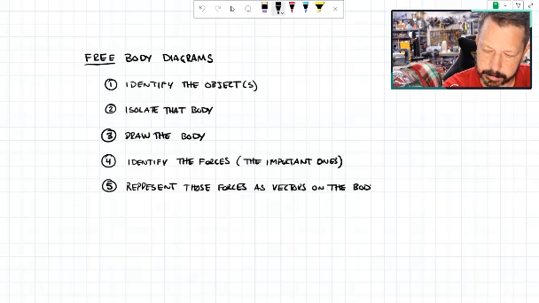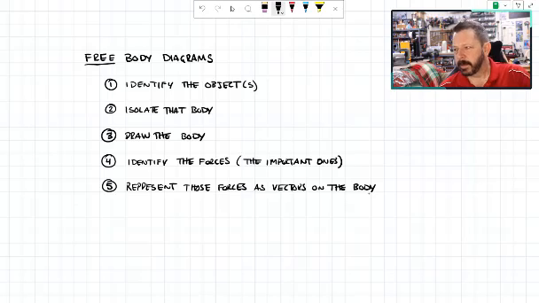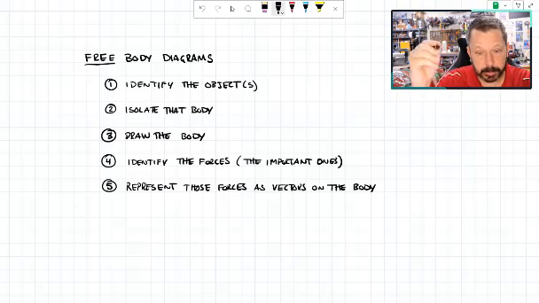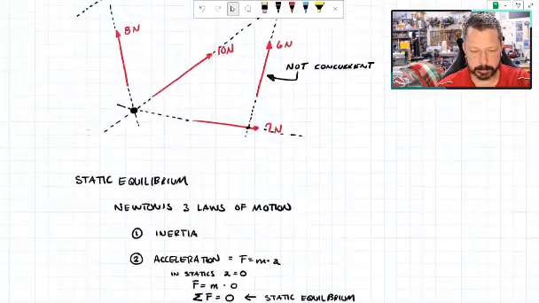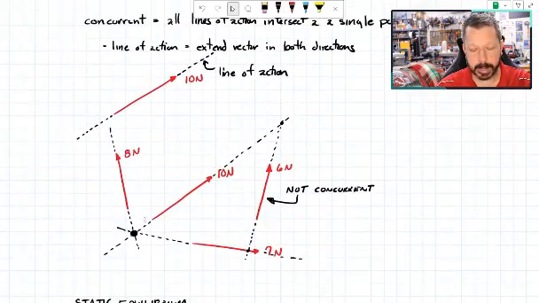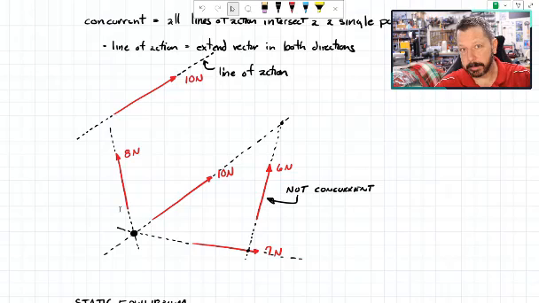So I might have to draw arrows, kind of like these guys, acting on that body. And for now, just for today, well, a couple of days anyway, all these forces are going to be concurrent. So they'll all end up meeting at some point somewhere.